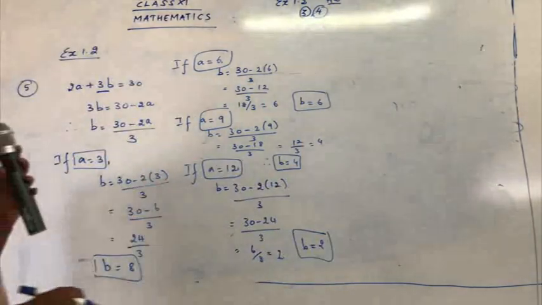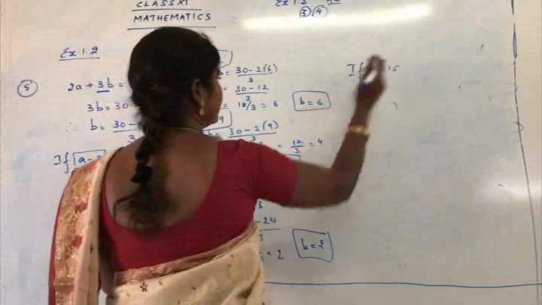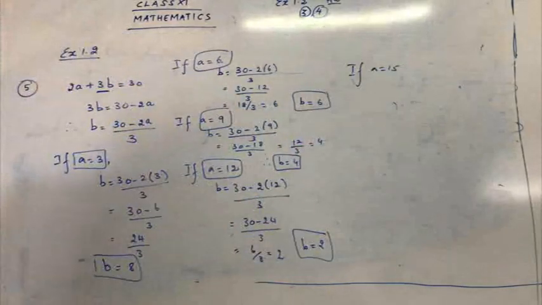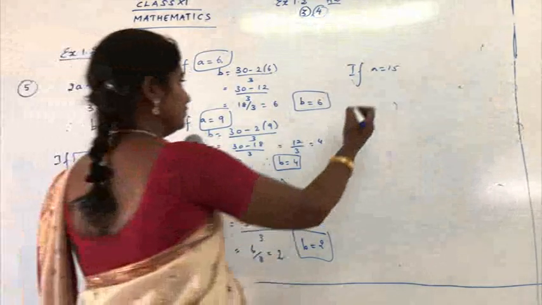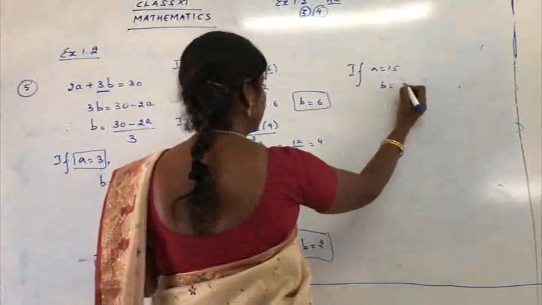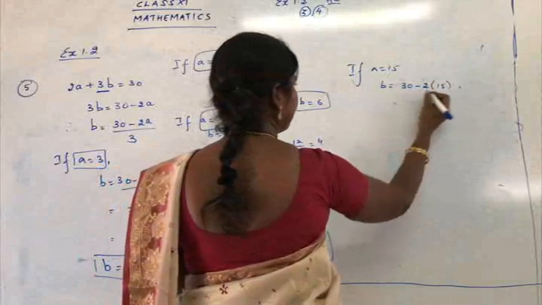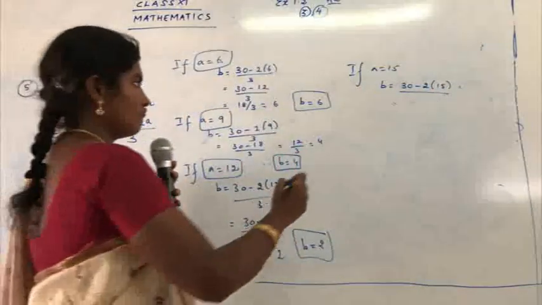One more. Let's try for A is equal to 15. If A is equal to 15, so B is equal to 30 minus 2 into 15 upon 3.